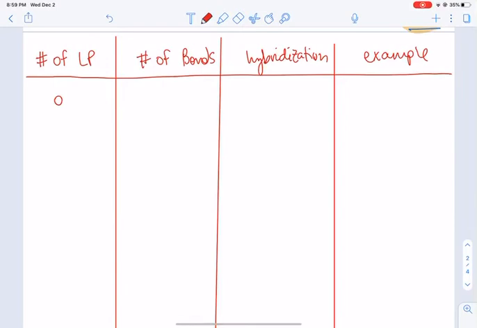So you have 0 lone pairs, 5 bonds. Now we're in sp3d hybridization. An example of this would be PCl5. I'm not going to put the lone pairs on the chlorines because it's just going to waste time.